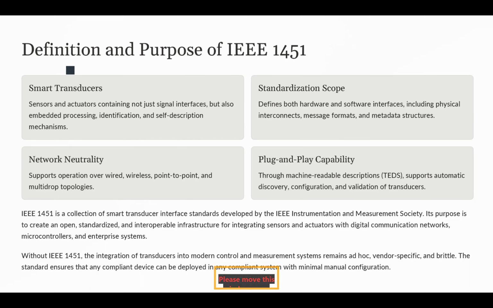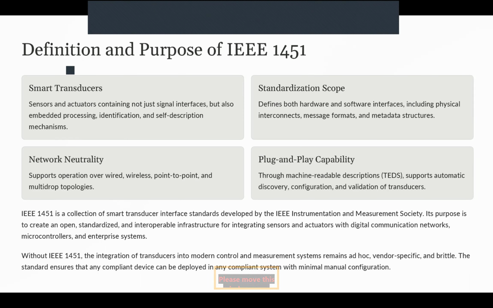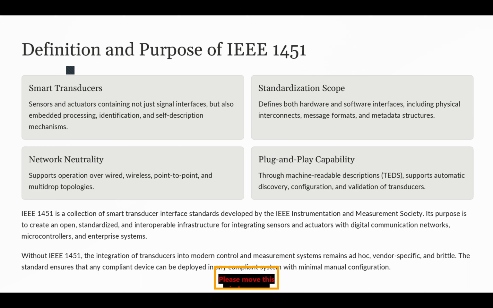The main goal of this standard is to provide an open, vendor-neutral and network-neutral framework for integrating sensors and actuators into a digital system. Now, without these standards, the integration of these transducers is going to be manual, with vulnerability to error during the process.